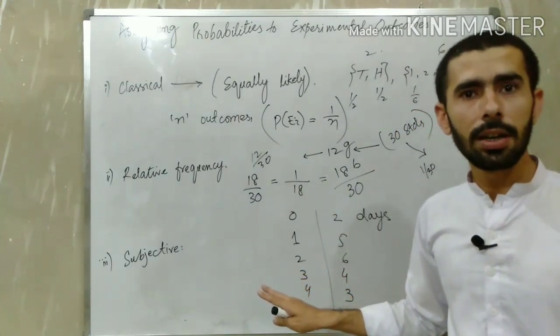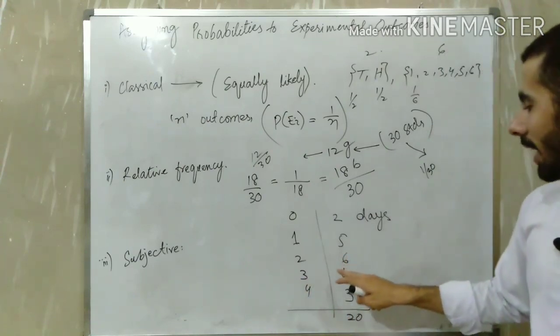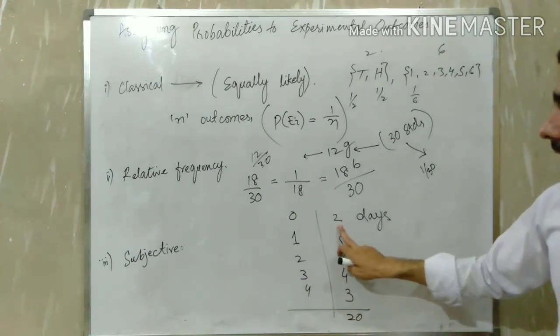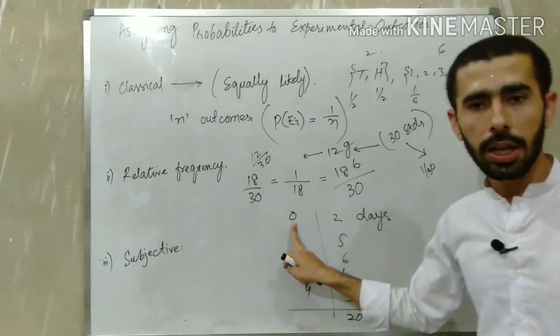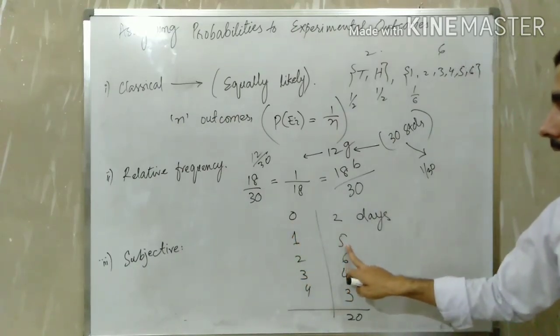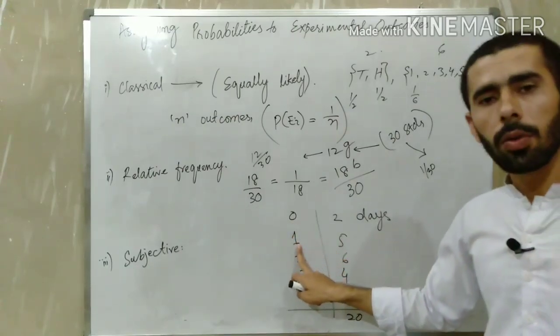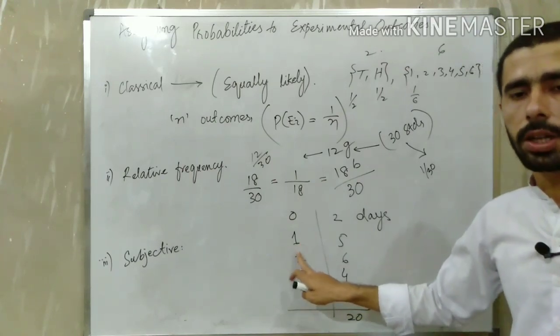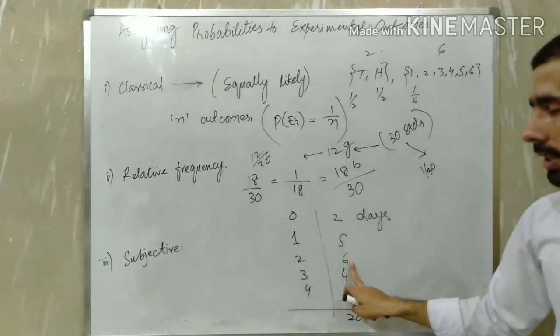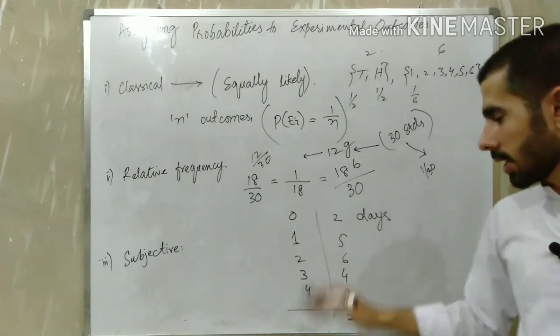So this data says that on 2 days there were no patients at exactly 9 a.m. On 5 days there has been 1 person waiting for the doctor already at 9 a.m. On 6 different days there have been 2 patients, and so on.